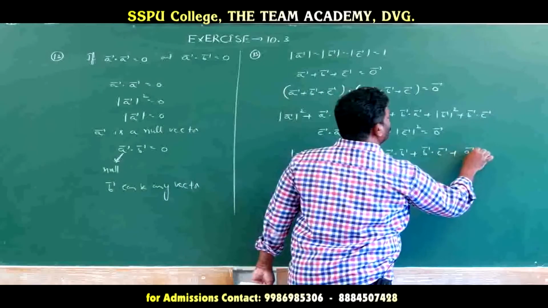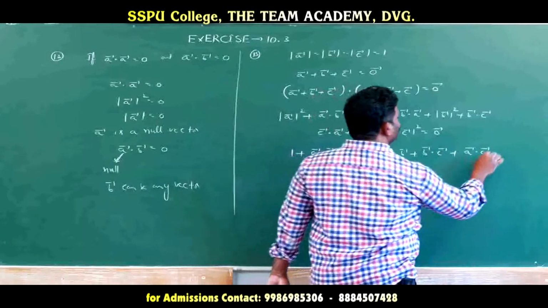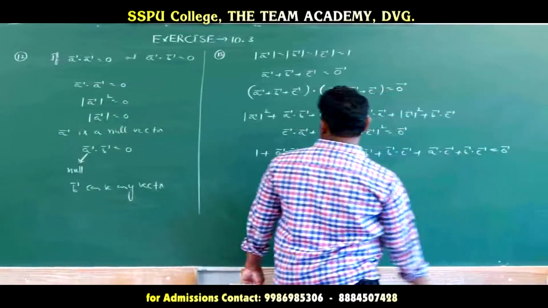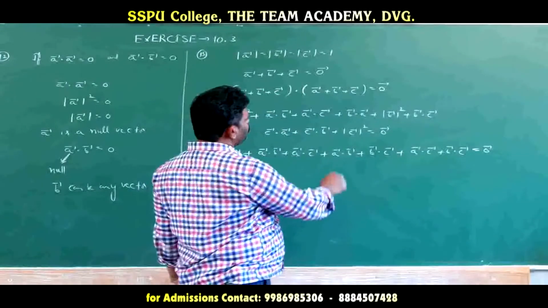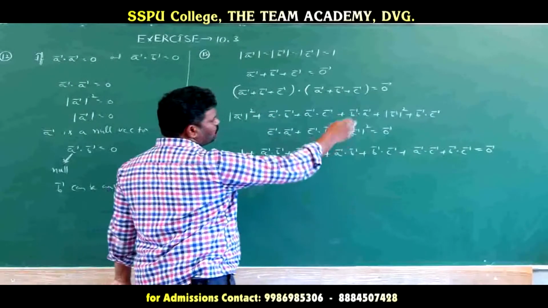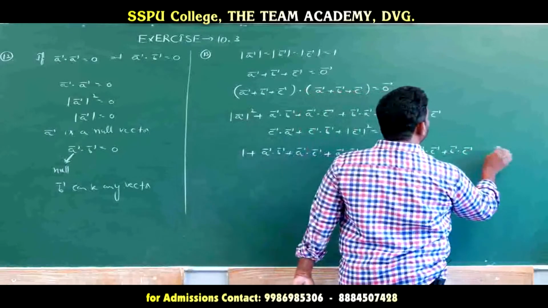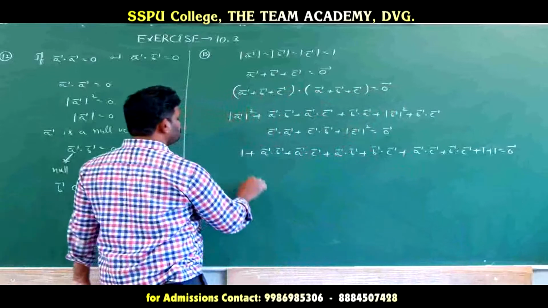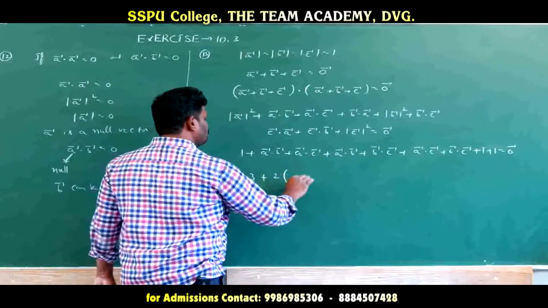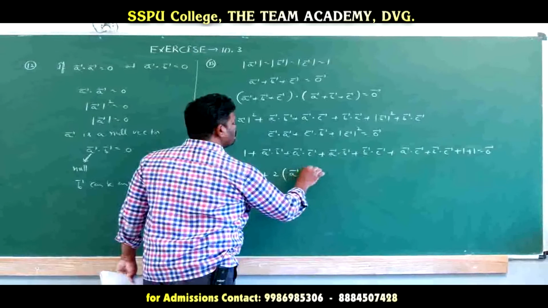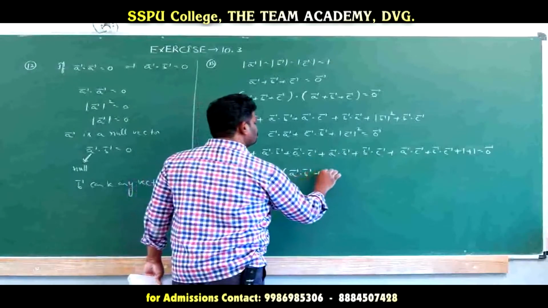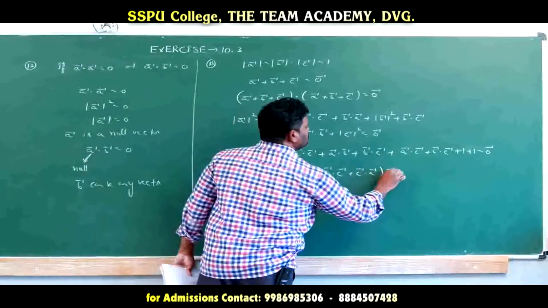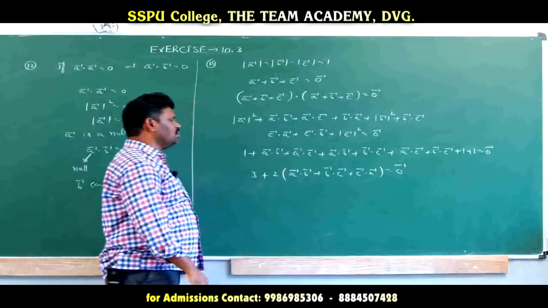So the 1 plus 1 plus 1 gives 3, plus 2 times repeated terms: a bar dot b bar, b bar dot c bar, c bar dot a bar, is equal to 0.